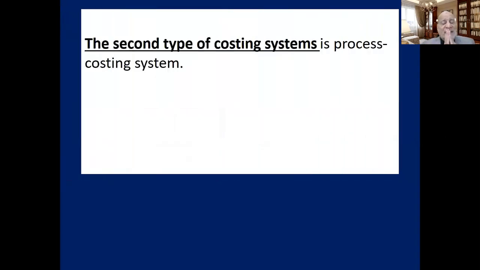The second type of costing system is the process costing system. In this case, the cost object is masses of identical or similar units of product or service.